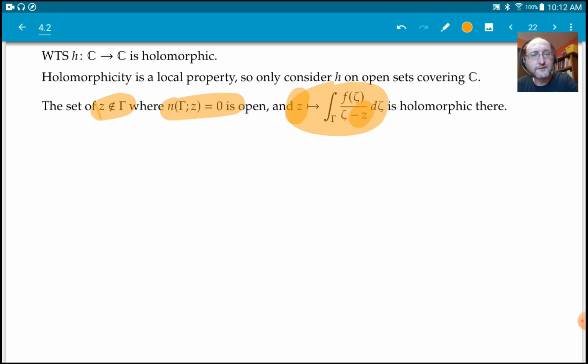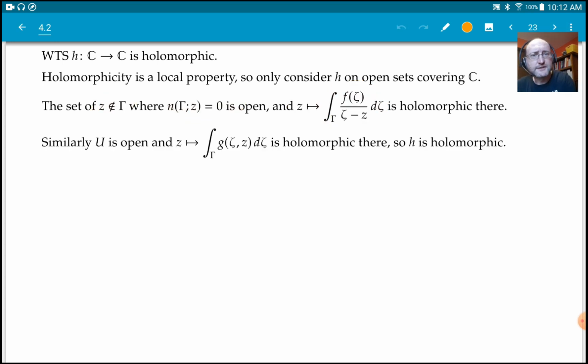So we have that z here, and the inside is clearly holomorphic. So we're applying that, and this guy is holomorphic.